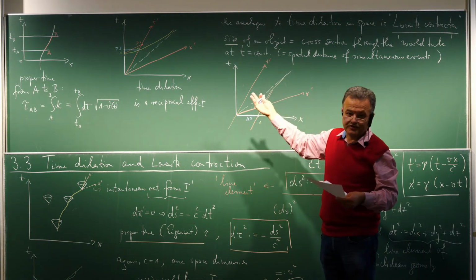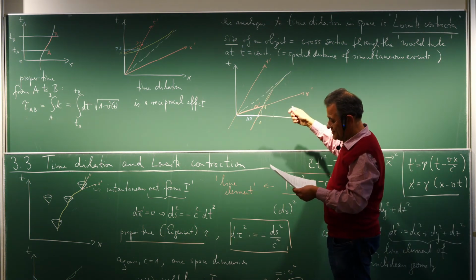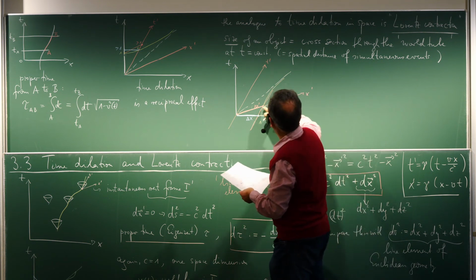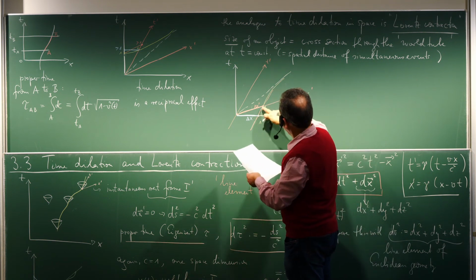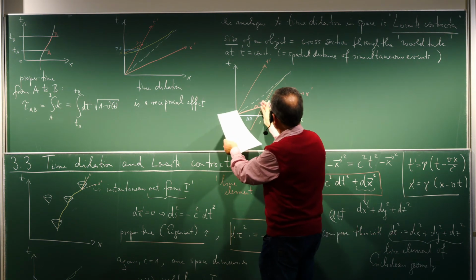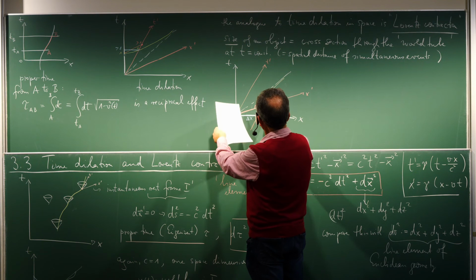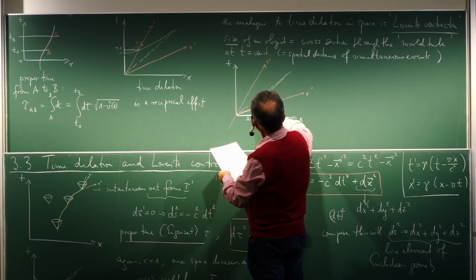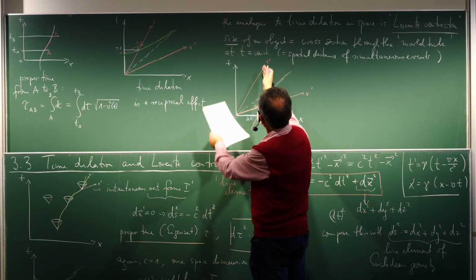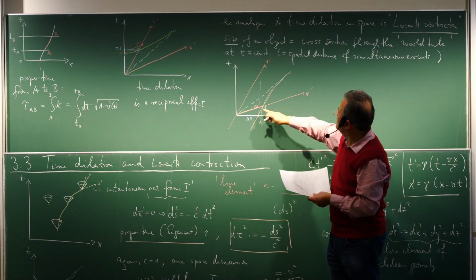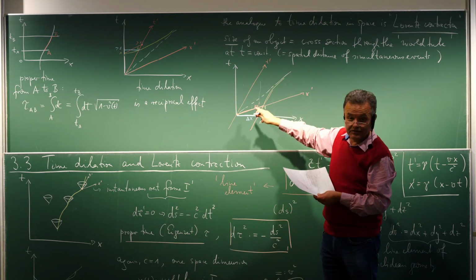But again, this is a reciprocal effect, because if you have a rod delta x in I, then you would have this world line here, and you would see that it would correspond also to something smaller than 1.